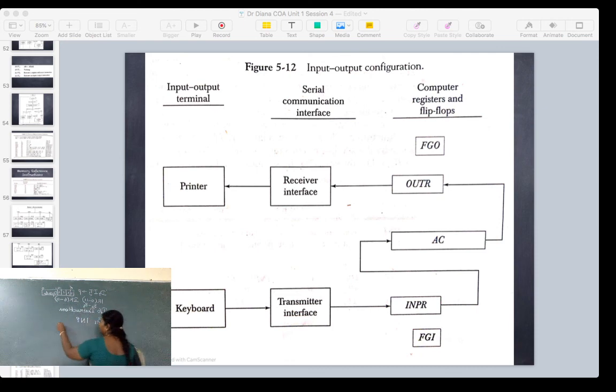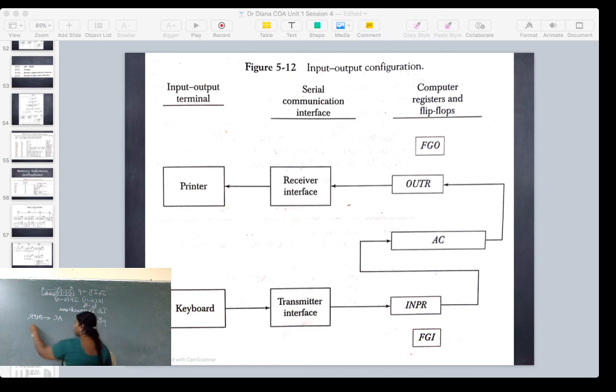So I am going to send data from my input register to the accumulator at time cycle T3. So my data is now received at the accumulator.